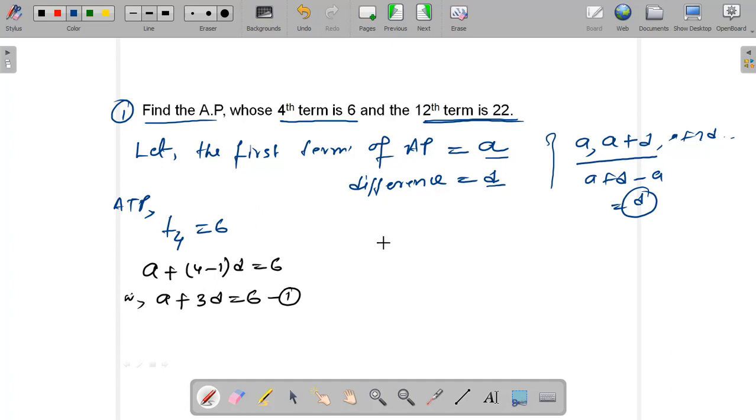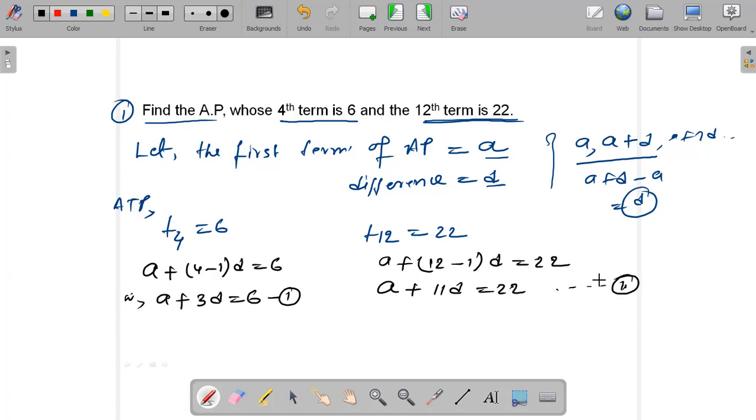So t12 is equal to 22. That is a plus 12 minus 1 into d is equal to 22, or a plus 11d is equal to 22. So this is our second equation. Now we have to solve these two equations and we get the values of a and d.